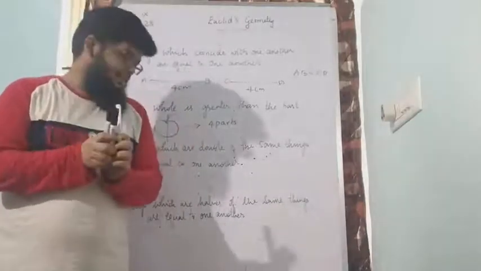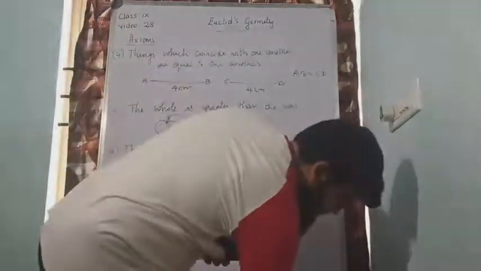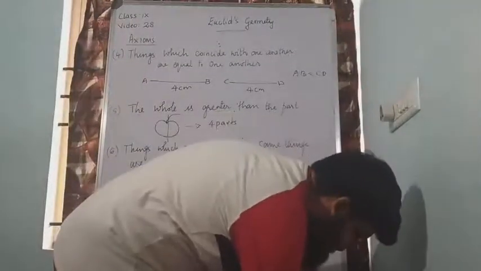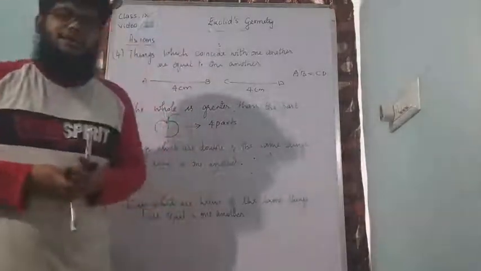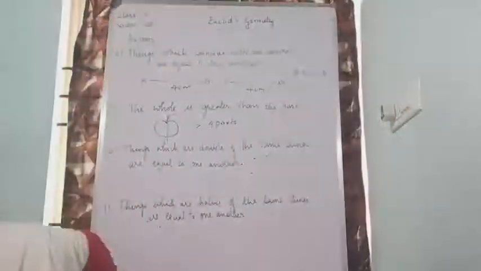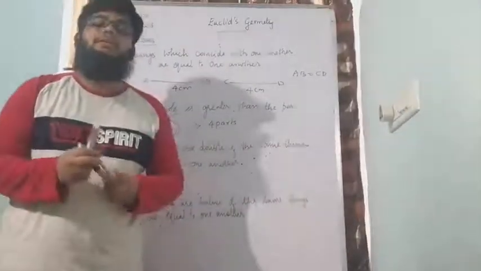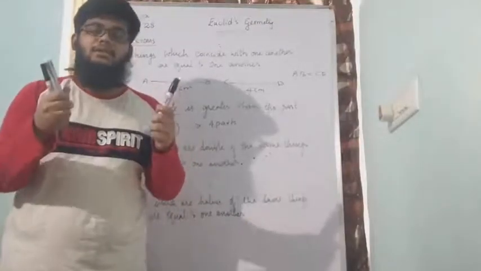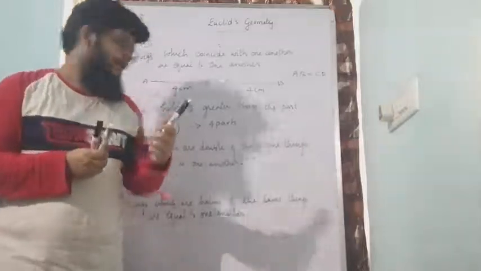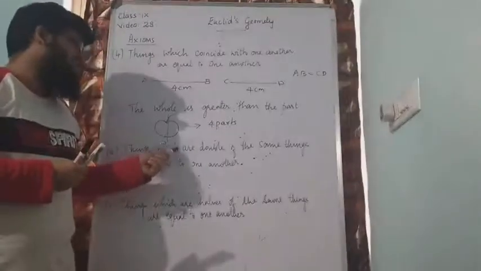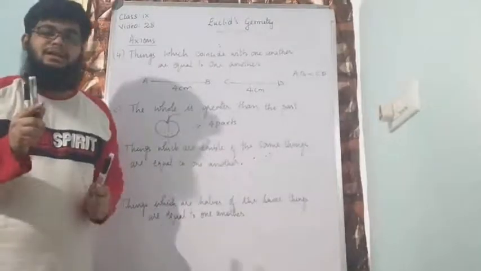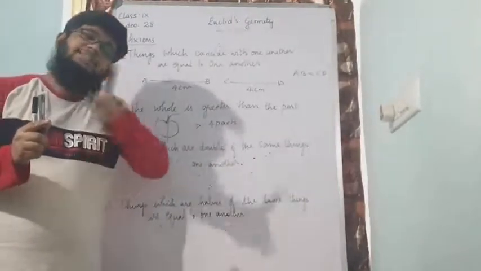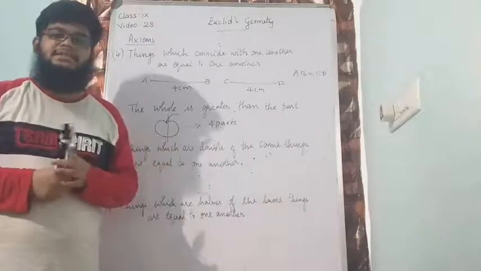If I have 2 markers, what is the double of 2? 4. So I can say that they are also equal. So what we are trying to say in this axiom is things which are double of the same thing are equal to one another. That means if I have one thing and if I have the same thing present exactly double, then those things can be said as equal.